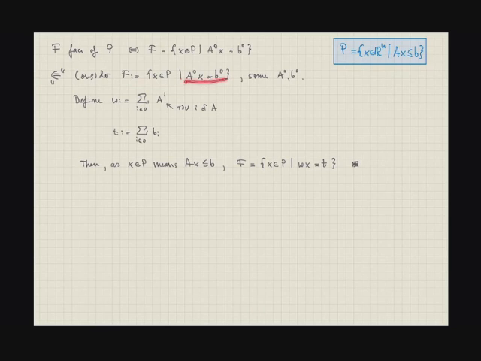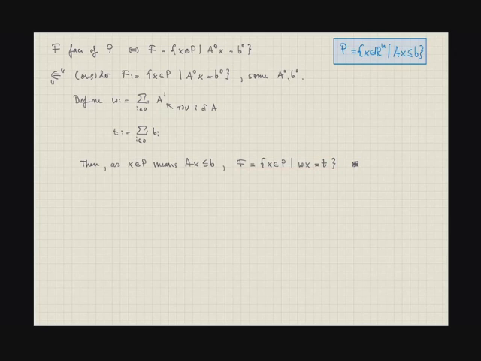I have selected some rows of the original matrix A here, and now I just take the row vector w as the sum of all the rows that I selected from the matrix. And the right-hand side t is going to be the sum of all the bi's, all the right-hand sides that I selected. And I claim that my set F, defined in this way, is precisely the set that I get when I take all the points from the polytope fulfilling this corresponding equality, wx equal to t, and that is exactly the description of a face of the polytope, right? So why is that true?